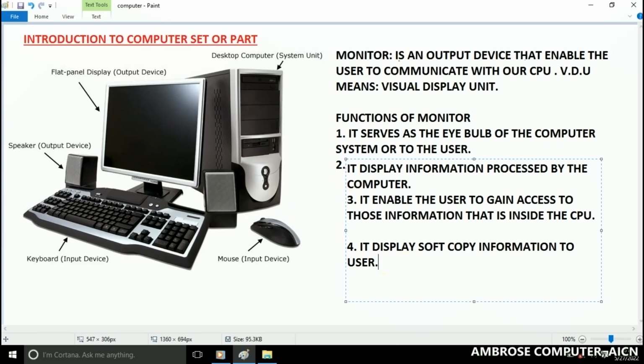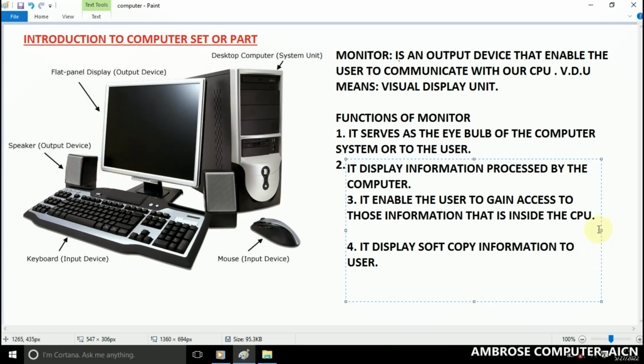Okay, now let me also add something regarding this monitor, or let me use the word desktop. This one is called a desktop computer. Now it could be that you watching me out there are using a laptop, while I myself am using a desktop to explain. There is only a slight difference between a desktop and a laptop.